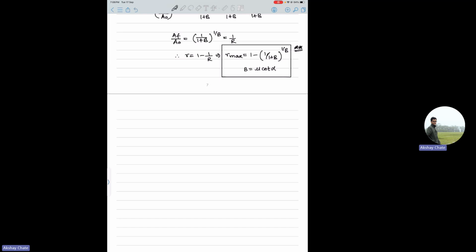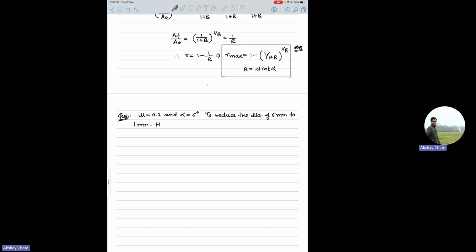Okay, so let's take this question. They have given mu as 0.2 and semi-die angle alpha as 6 degrees, and what they're asking is to reduce the diameter of 6 mm to, let's say, 1 mm.